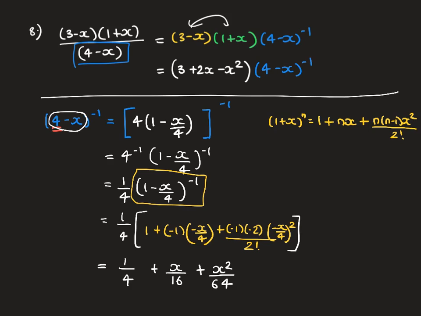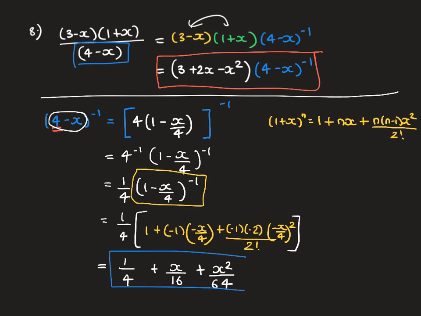So we now need to revisit the original part of the question from up here, and we need to multiply the expansion we've got here, the 3 terms for this part, by these 3 terms of our quadratic expansion.